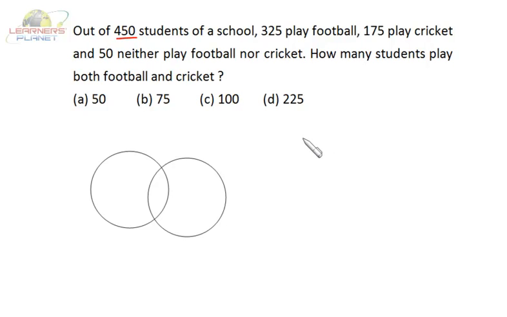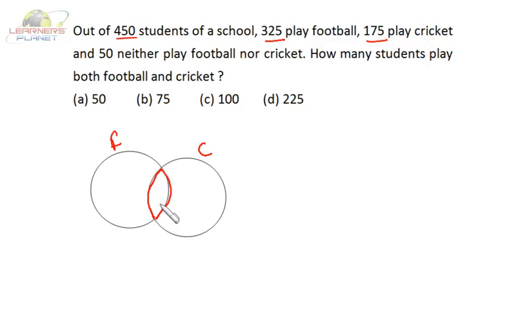Now friends, let's see this problem. Out of 450 students of a school, 325 play football, 175 cricket, and 50 people are playing nothing, neither football nor cricket. So we have to find out how many students are playing both football and cricket. If it is football and it is cricket, we have to find out this data.